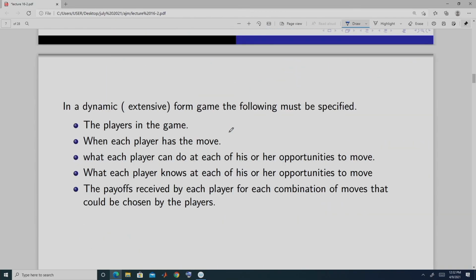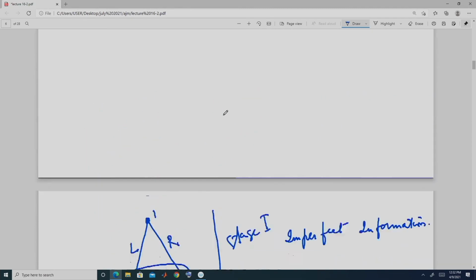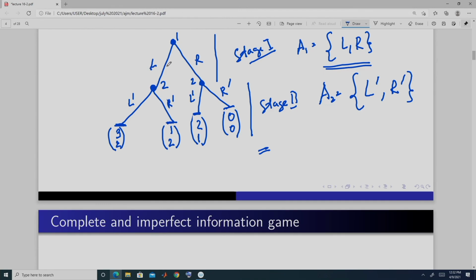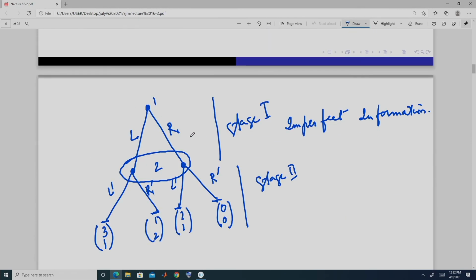So from here what do we get? While specifying a dynamic game or an extensive game, we should first specify the players, and we should specify when each player has the move. In this game we know that player 1 moves first and player 2 moves second. Similarly here also, player 1 moves first and then player 2 moves.